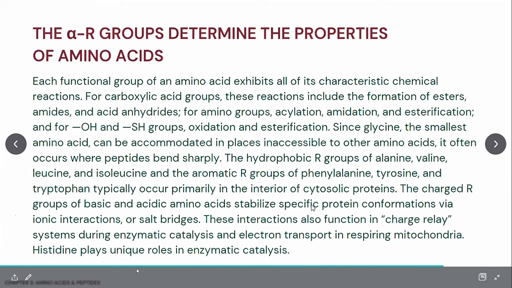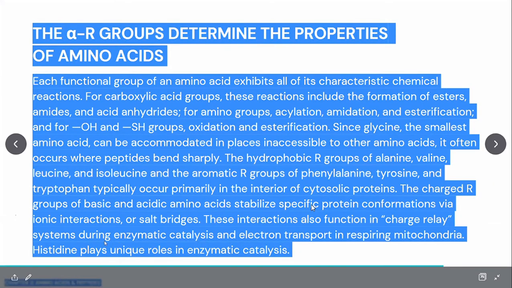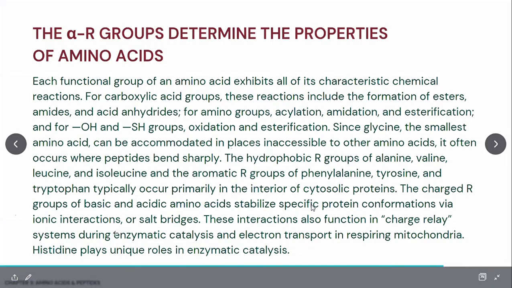Charge relay, we will be looking into this. Charge relay during enzymatic catalysis or activity of the enzyme, no? And the electron transport chain in the respiring mitochondria.